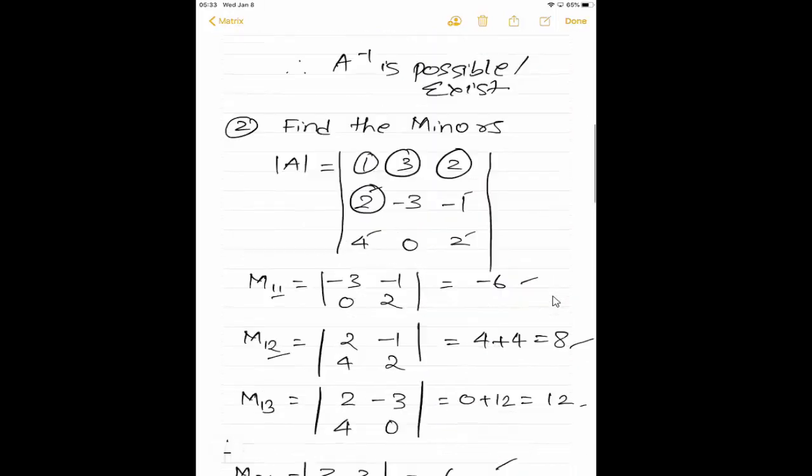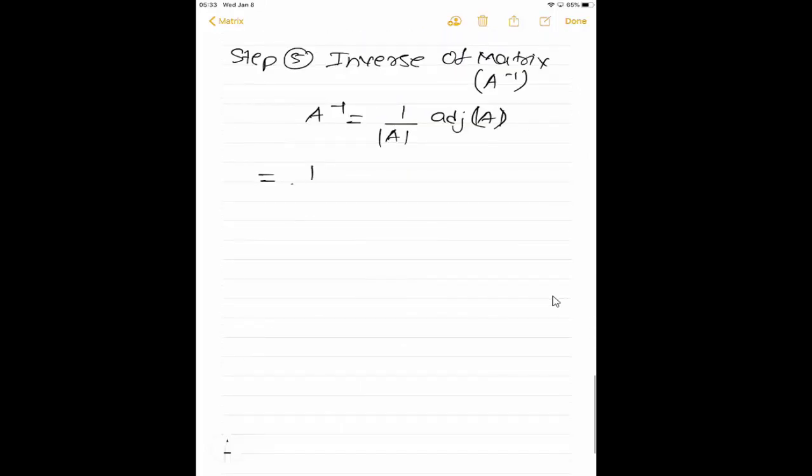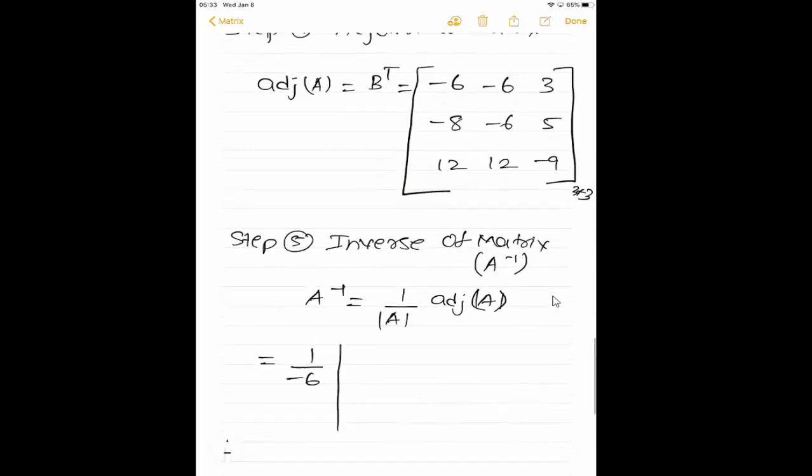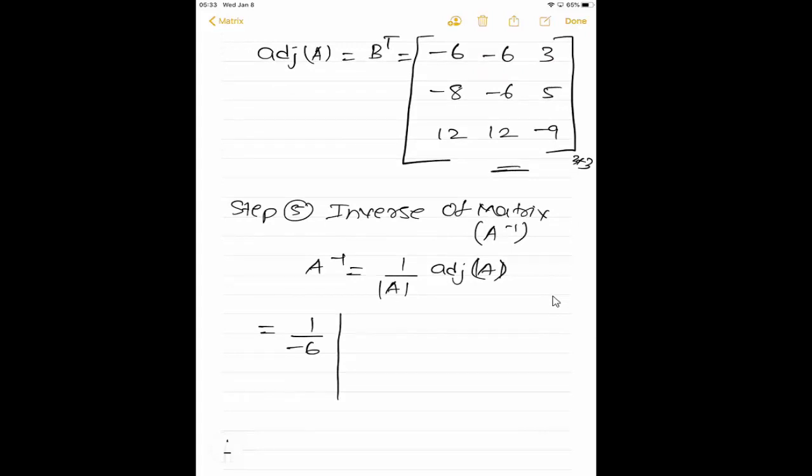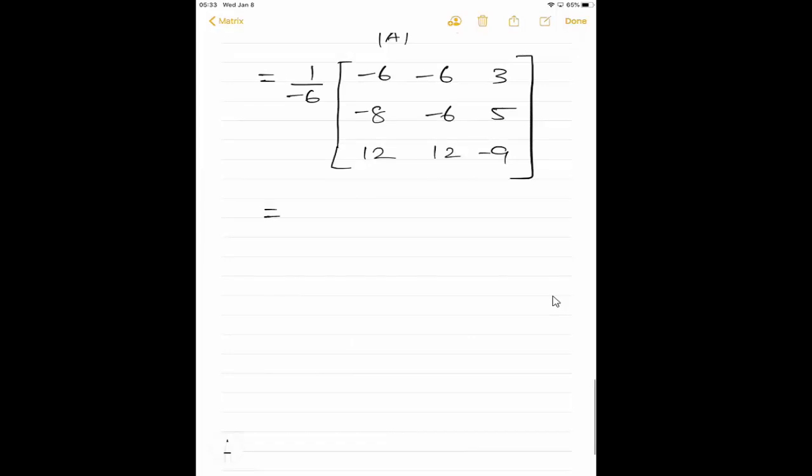The determinant value is minus 6, 1 by minus 6, remaining matrix, this is nothing but the adjoint. We have to write down this value, which is equivalent to, I am taking this minus 6 inside, so minus value will change to plus, plus value will change to minus, and converting each value into a decimal, that is fraction. 6 by 6, 1, 1, 3 by 6, minus 0.5, 1.33, 1, minus 0.83, minus 2, 1.5.